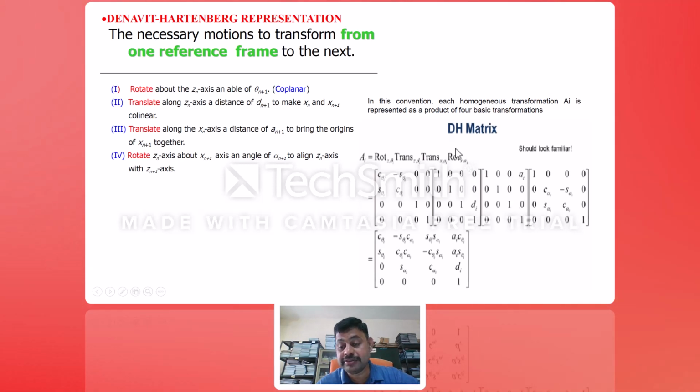Then again, rotation about the x-axis, so x will come here, right? This is the value already given here. If you go for matrix multiplication, you will get this matrix. This is the DH representation of the homogeneous transformation.